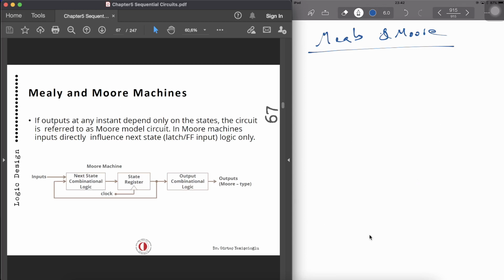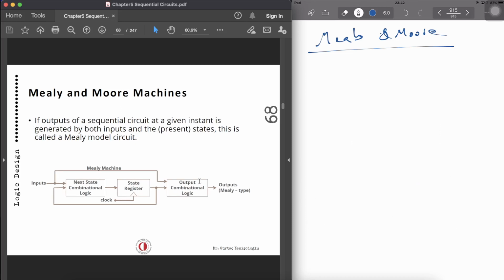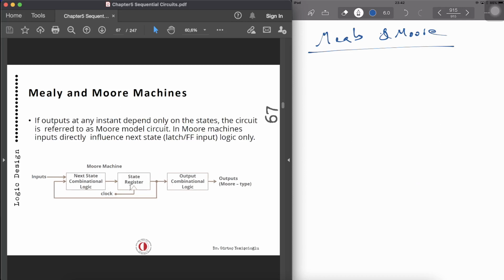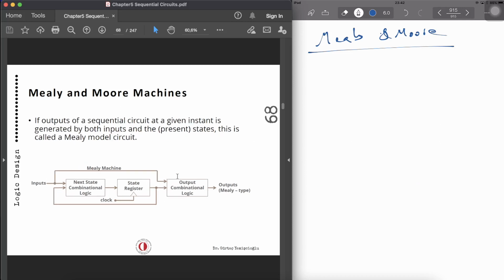In Moore machines, inputs directly influence the next states, and you can see that from here, along with the combinational logic. But in Mealy, input is directly affecting the output. In Moore, inputs are not affecting the output, but in Mealy, inputs are affecting the output.